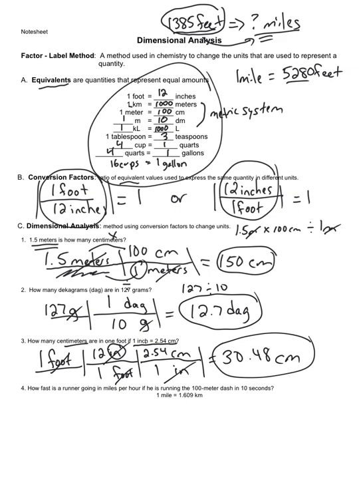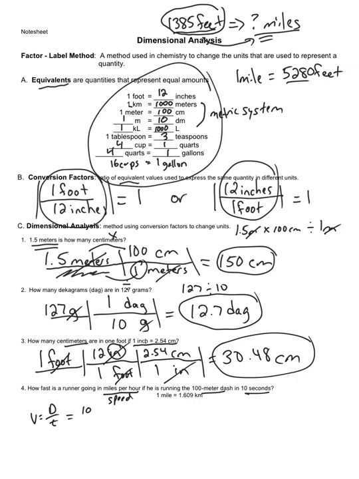Okay. Number 4, how fast is a runner going in miles per hour if he is running the 100-meter dash in 10 seconds? Well, first of all, if I'm going to miles per hour, this is a speed or velocity unit of measurement. Right now I know a distance and I know a time. To get velocity or speed, velocity is distance divided by time. Remember back to algebra classes.